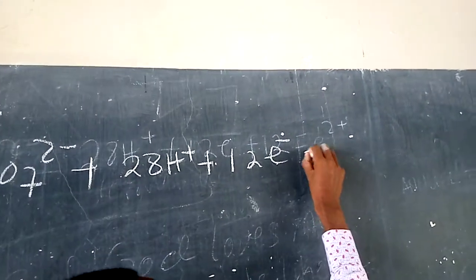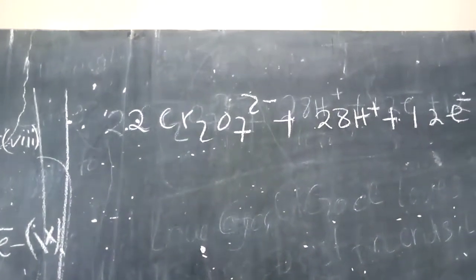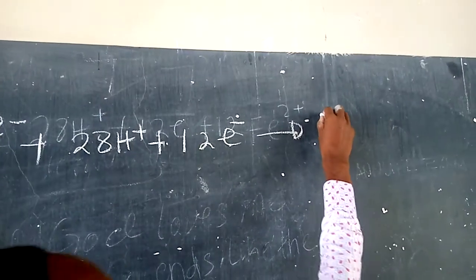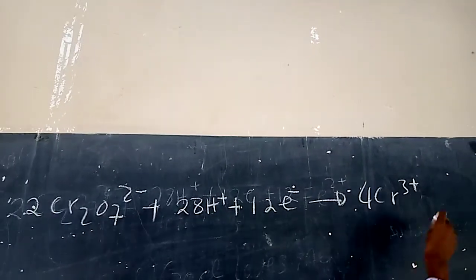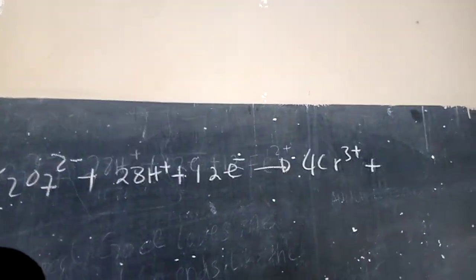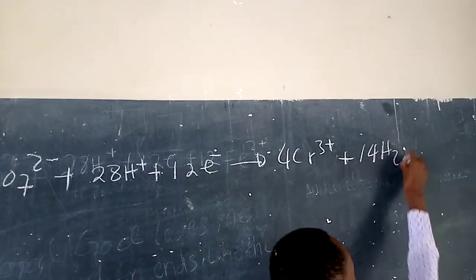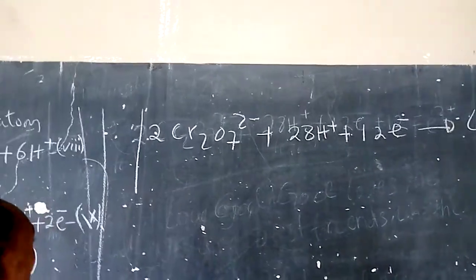On the product side also multiply by 2. 2 times 2 Cr3 positive will be 4 Cr3 positive, plus 2 times 7 water molecules, you get 14 water molecules.